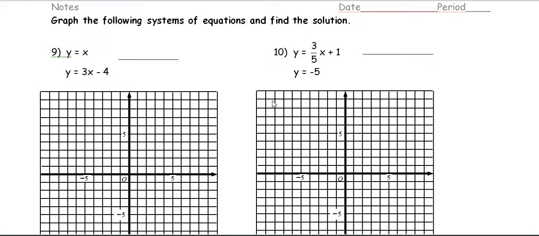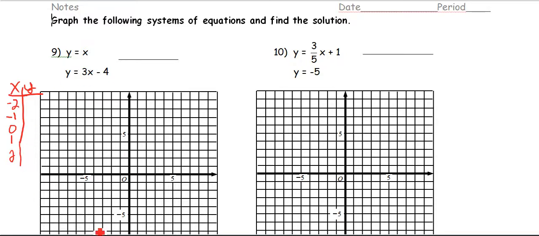All right, what I want you to do on number 9 is I want you to go ahead and, like we have done before, I'm going to use a different color. I want you to go ahead and write out a table, x and y values, and start with -2, -1, 0, 1, and 2.